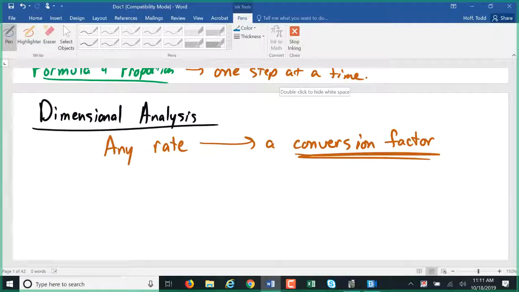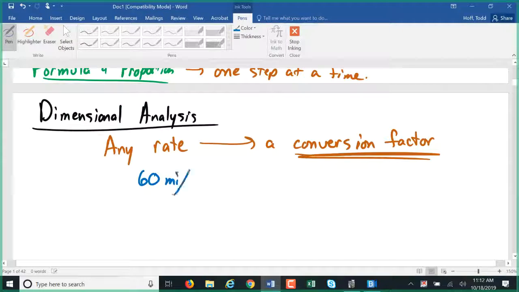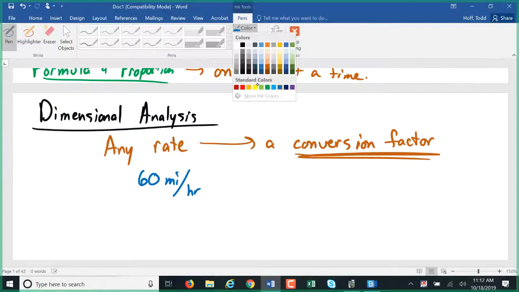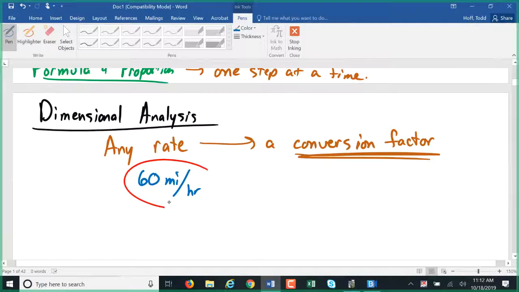For example, let's say that we have something that is traveling at a speed of 60 miles per hour. 60 miles per hour is a rate, but it's also a conversion factor. It is saying that for that object, 60 miles is equivalent to 1 hour.